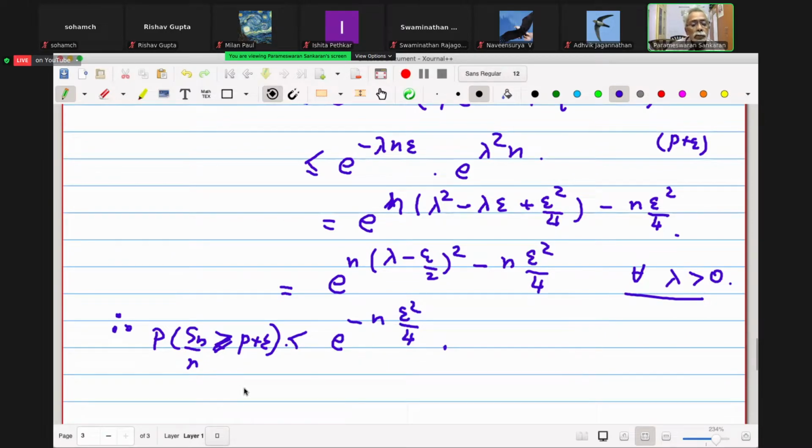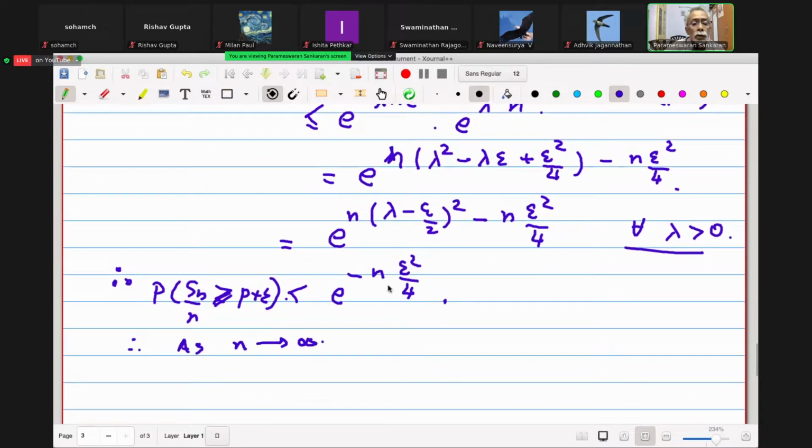And now, therefore, as n goes to infinity, this goes to 0. Probability that Sn by n, see, you are not changing your epsilon.